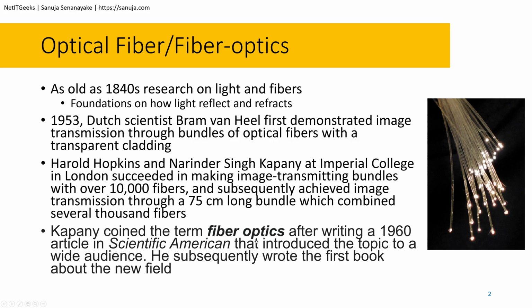Subsequently, we achieved image transmission through a 75 centimeter long bundle, which combines several thousand fibers. This was a huge step for modern day optical fiber or fiber optics communication systems.